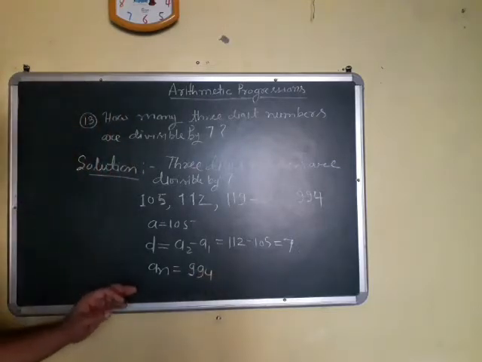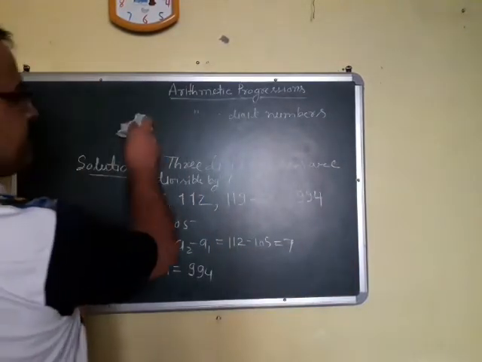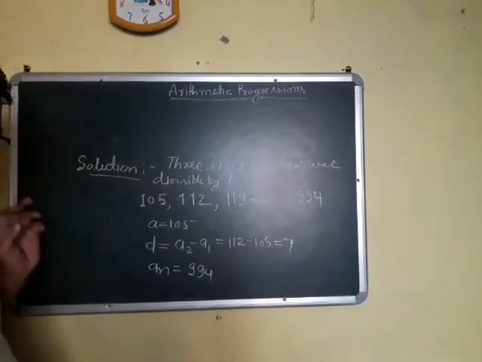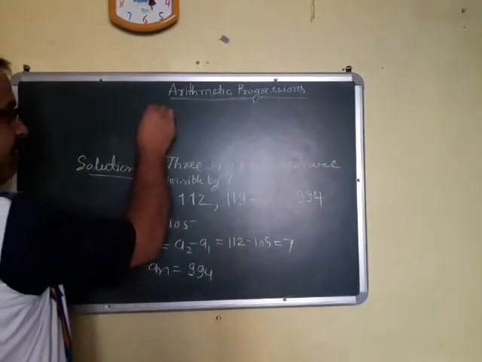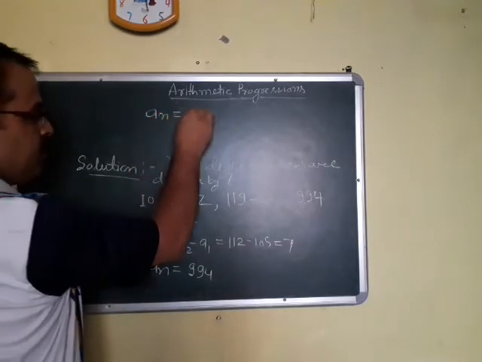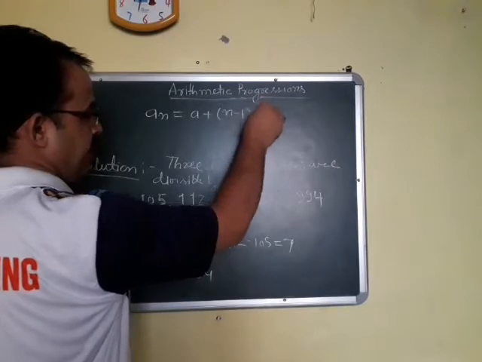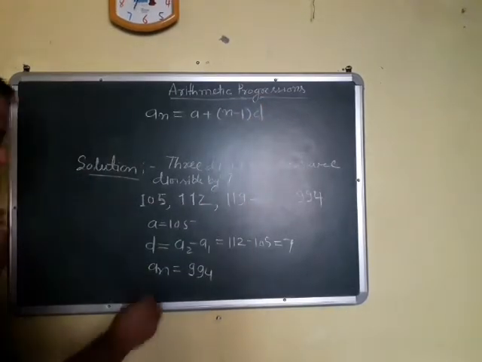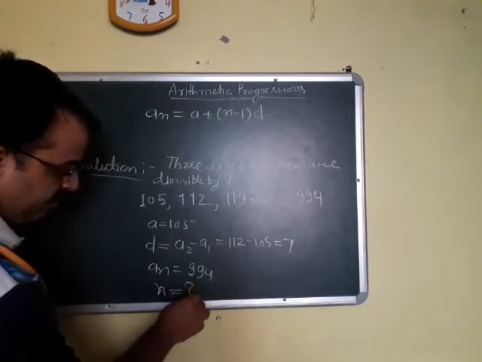Now solve this one. The general term of an AP, we write this: an is equal to a plus n minus 1 into d. What we need to find here is n.